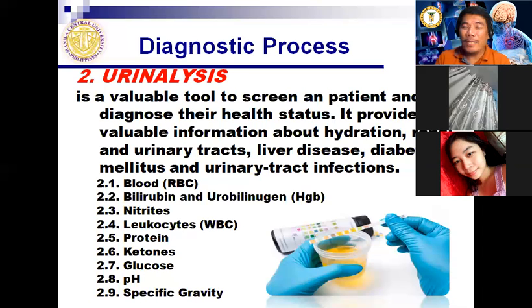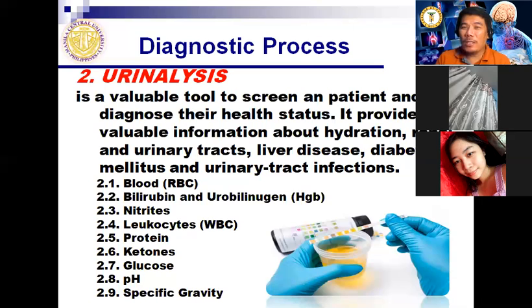Bilirubin or urobilinogen, nitrites, leukocytes or WBC, which is an indication of problems, possibly of infection, protein, ketones, and glucose. The protein, the ketones, and the glucose could be a reference that the client may have possibilities of endocrine problems such as diabetes mellitus or possibly other types of diabetes.